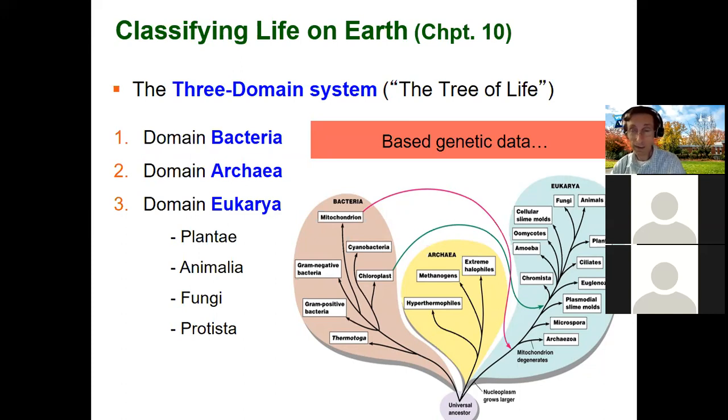Now, I should state that the definition of a kingdom, well, there isn't one. So there is no way to distinguish between what organism belongs in what kingdom. And there are debates about, for example, does an organism belong in the kingdom Protista, or does it belong in the kingdom Plantae?